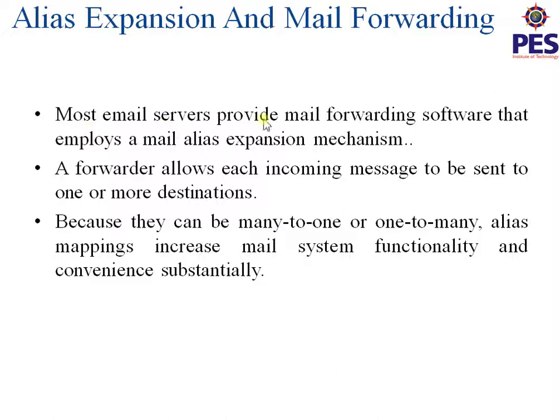Most email servers provide mail forwarding software that employs a mail alias expansion mechanism. A forwarder allows each incoming mail message to be sent to one or more destinations. Because there can be many-to-one or one-to-many alias mappings, they increase mail system functionality and convenience.